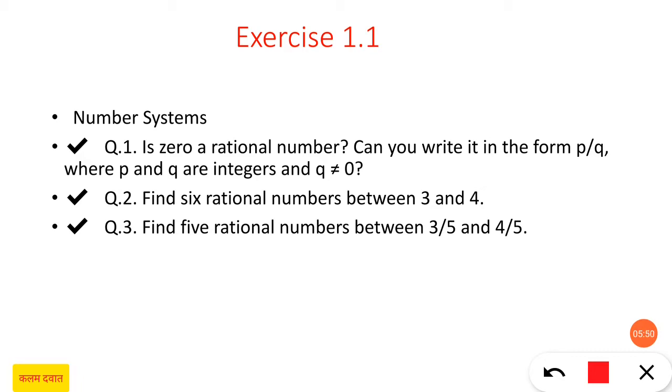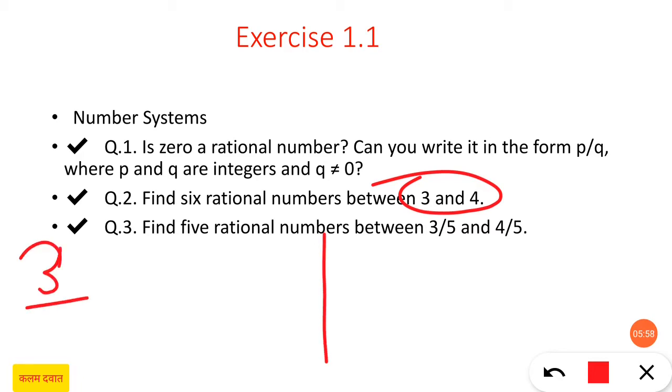Next is: find 6 rational numbers between 3 and 4. See, 3 can be written as 3 upon 1 and 4 can be written as 4 upon 1. If I want to find 6 rational numbers between them, make the denominator 7 or 8 or any number you want.